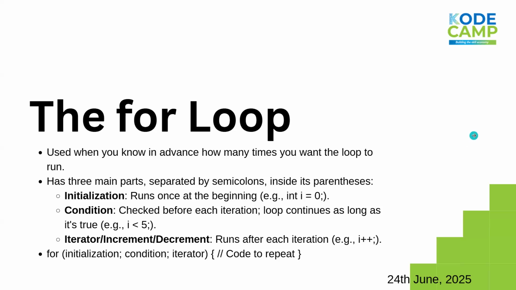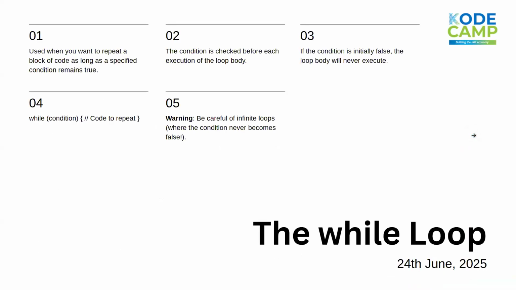All right, thank you. So next is the while loop. We have the for loop and we have the while loop. This loop is ideal when you want to keep repeating a block of code as long as a specific condition remains true, right? Maybe you are given a problem that says use a loop to solve this problem.